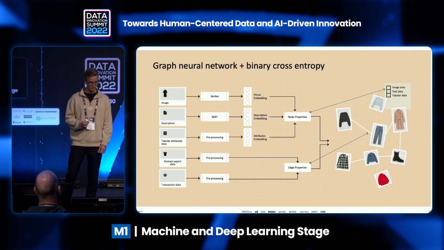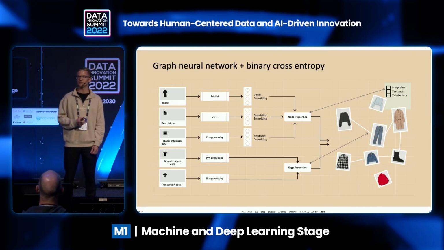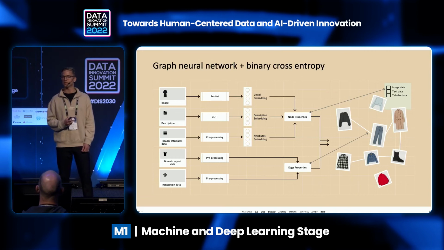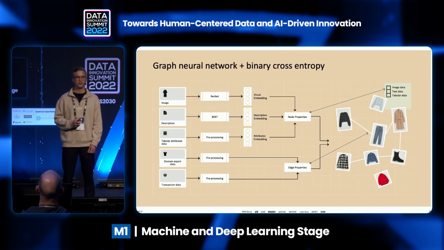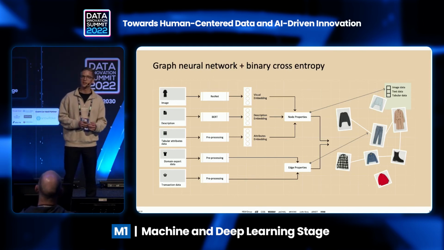And in the example here, we're using a pre-trained ResNet model for encoding the images, a pre-trained BERT model for encoding the text, and just some transformation of the tabular data. And all of these output a one-dimensional vector again, which we aggregate together. So the graph structure is made from the edge properties, and the information comes from the node properties.